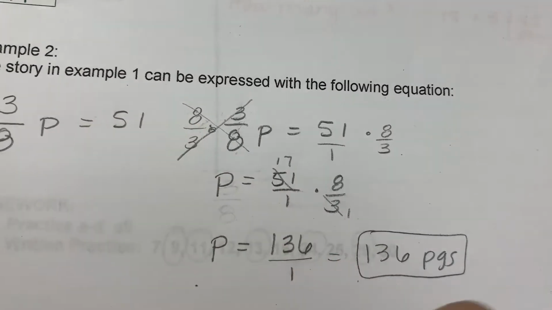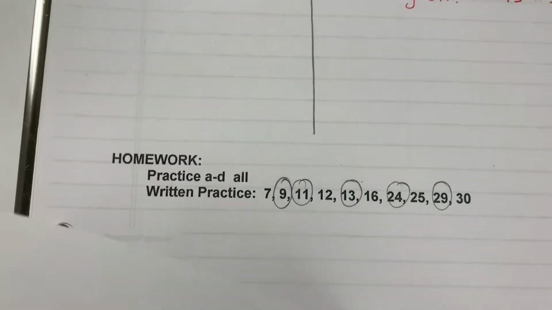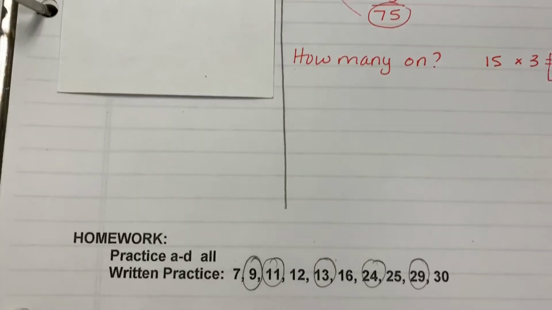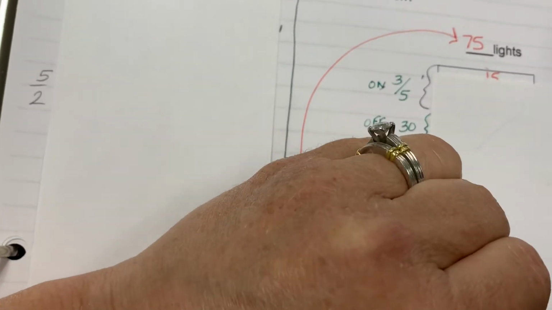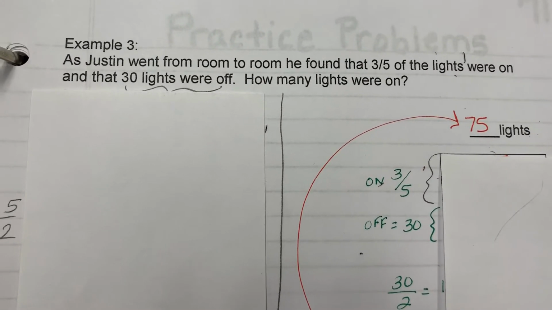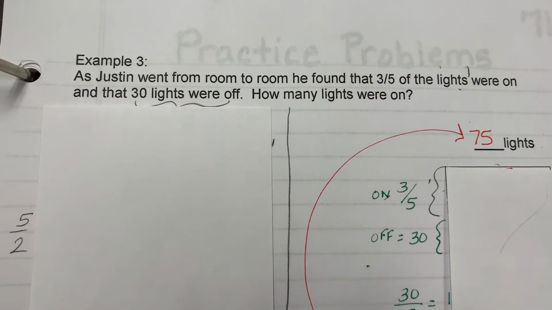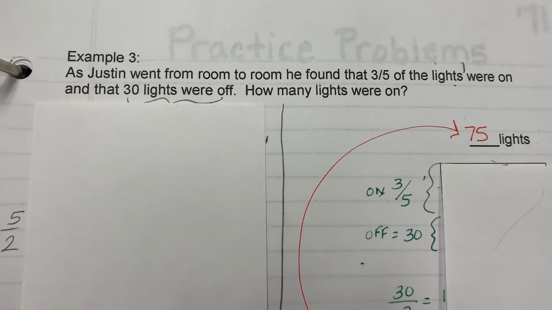Okay, so let's take a look at the next page. I'm going to look at the diagram again. The problem says, as Justin went from room to room, he found that 3/5 of the lights were on and that 30 lights were off.